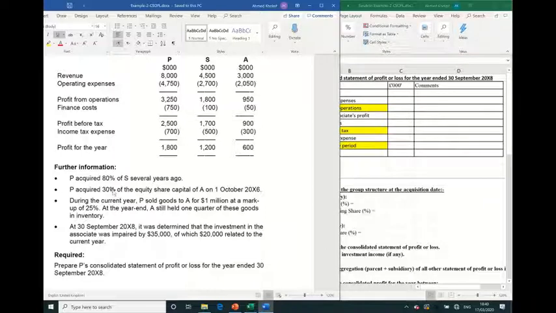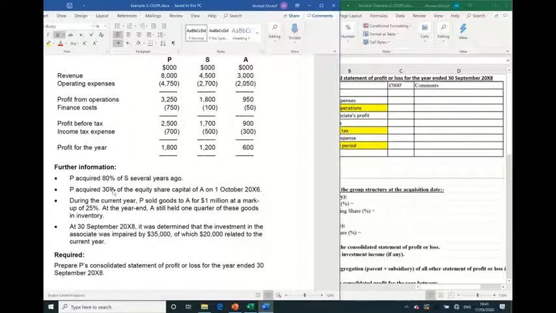During the current year, B sold goods to A for $1 million at a markup of 25%. At the year end, A still held 1/4 of these goods in inventory. And then at 30 September 2008, it was determined that the investment in the associate was impaired by 35,000, of which 20,000 related to the current year.